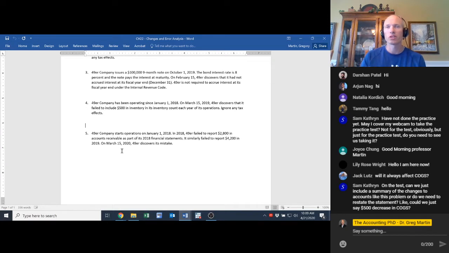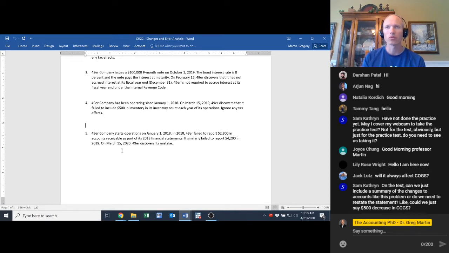And so there's a two-step effect where the 2,800 is in the wrong year. Even if the 4,200 had been collected, you have to undo the mistake from 2018 as part of your correction to 2019.